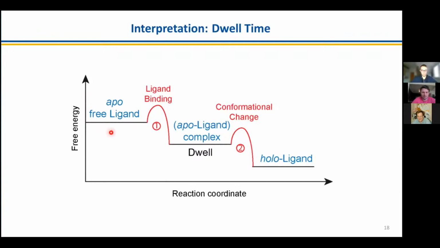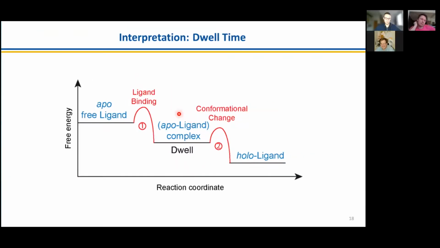Then we have the first free energy barrier over here, the ligand binding, which occurs on a nanosecond timescale, or at least below the MHQ time resolution, as we saw from the saturation experiments, before we end up in a so-called apo-ligand complex. This is a structure of the protein where it is still in the apo state, but the ligand is already attached to the protein.